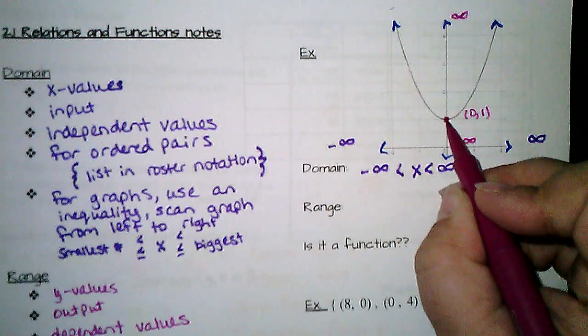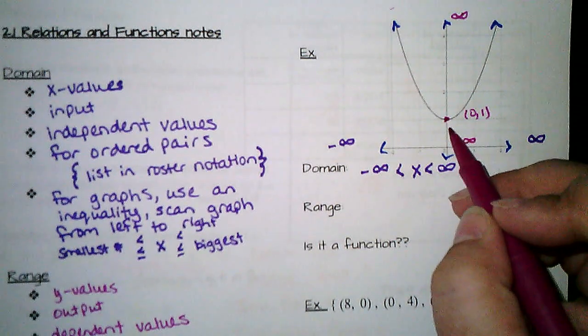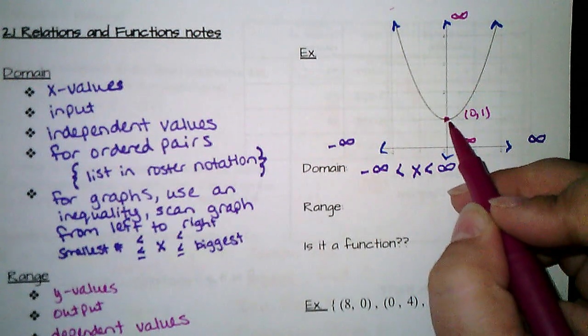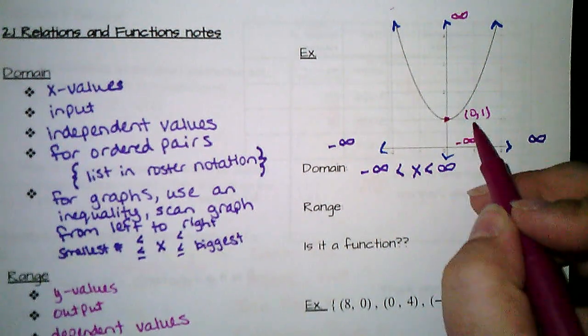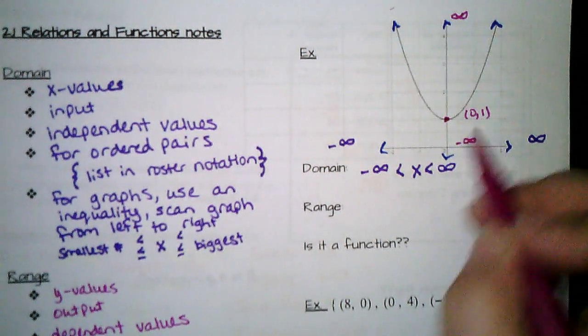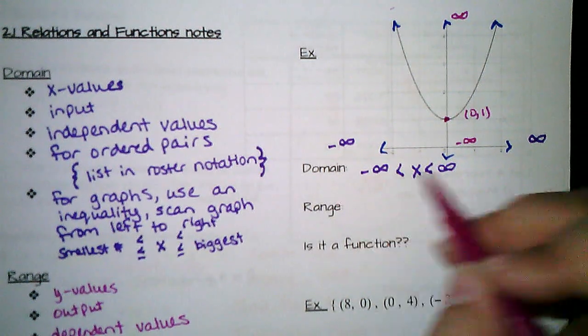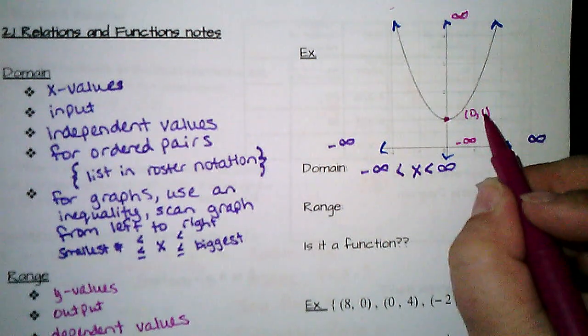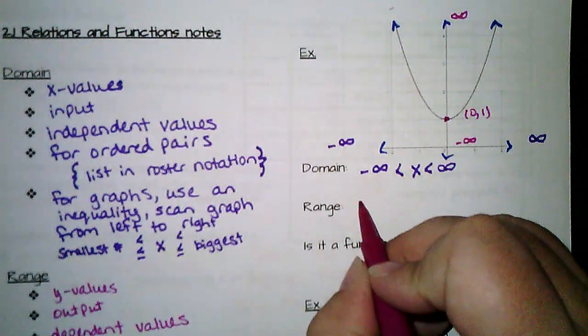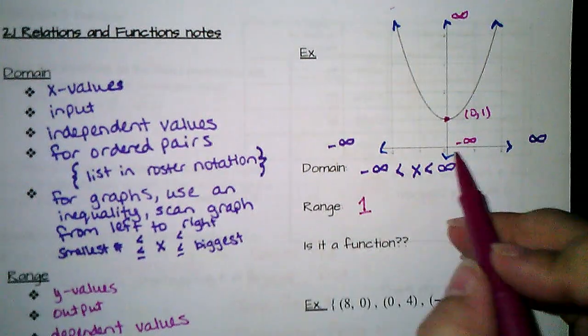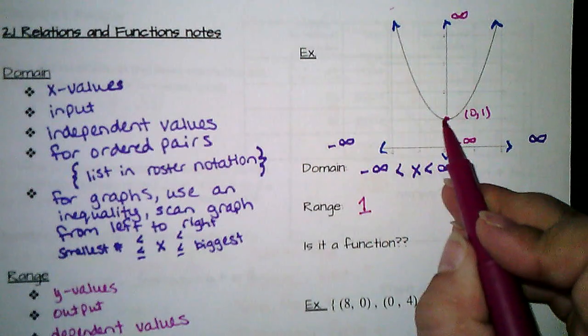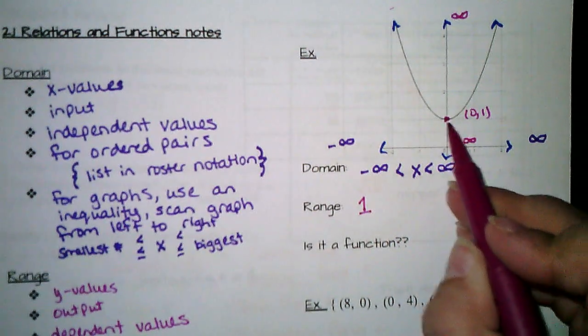You can see a little 1, well, you can't now because I drew over it, but you could have before I put that point there. So do you think we should use the 0 or the 1 if we're talking about range? Well, in talking about range, we always use the y value, so we're going to use the 1. So range is going to start at 1. And again, it's not an infinity because this is not an arrow, it's an ordered pair.